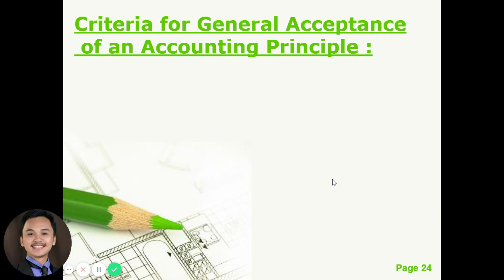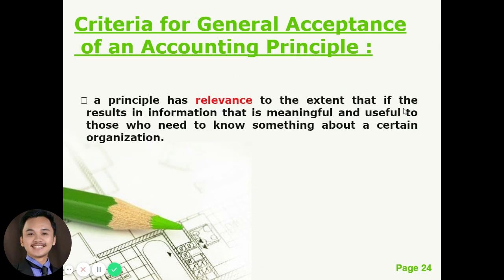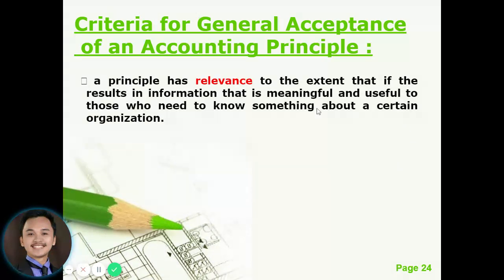Now, let's have general criteria for general acceptance of an accounting principle. So, a principle has relevance. So, first, relevance is important. A principle has relevance to the extent that it results in information that is meaningful and useful to those who need to know something about a certain organization.